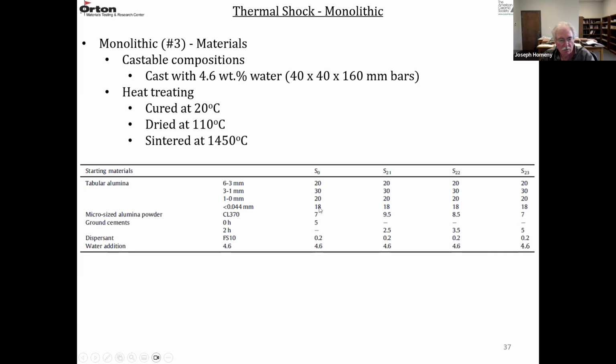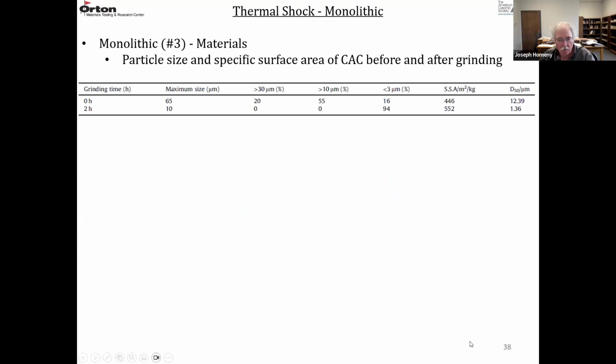So S0, 0 hours, was at 5%. So that's unground, that's the coarsest cement. And then these other three went from 2.5 to 3.5 to 5 on calcium aluminate cement that was ground for 2 hours to make it a finer particle size. So those were the four compositions.